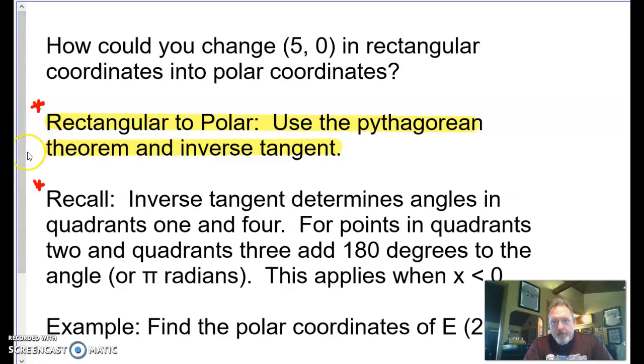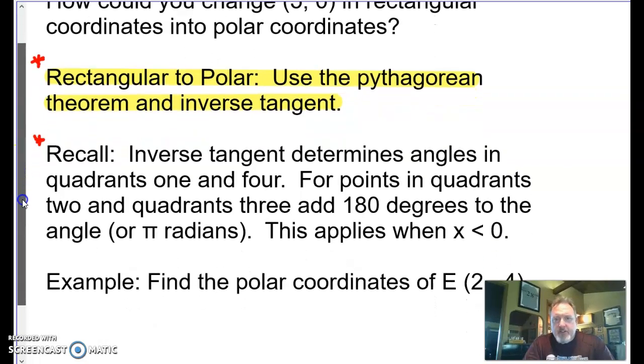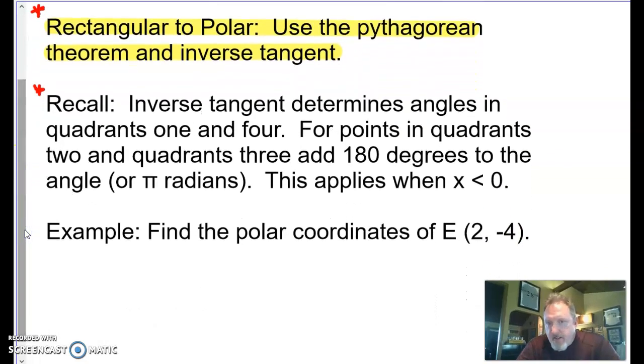Just a couple bullet points here. The first one says basically what I was just talking about. We're going to use the Pythagorean theorem and inverse tangent. Second, inverse tangent only determines angles in quadrant 1 and quadrant 4. So if you're in quadrant 2 or quadrant 3, you're going to have to add 180 degrees to your answer, or if you're in radians, add pi.